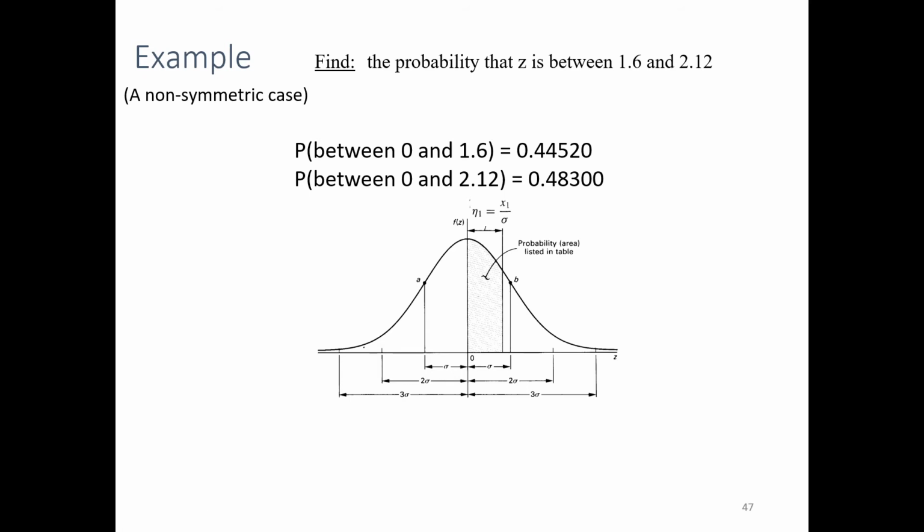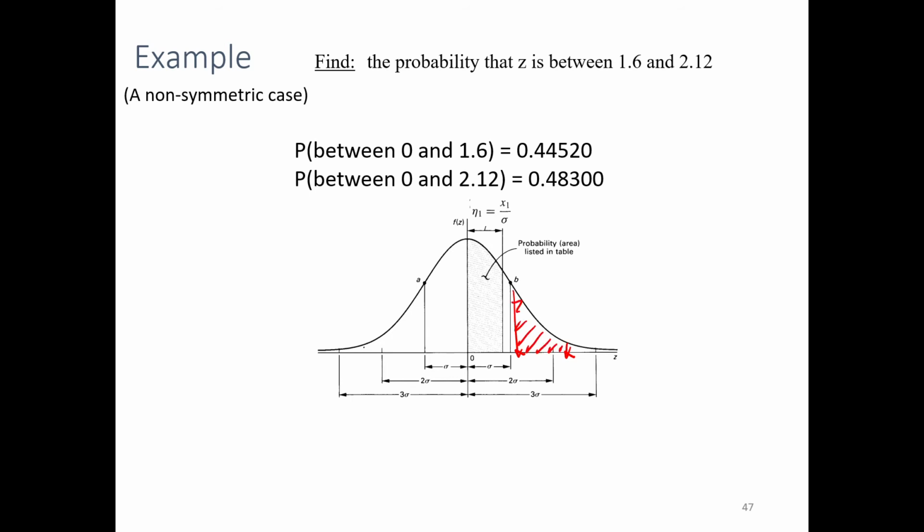If you do the same thing for the z-score of 2.12, you will get 0.483. So we are essentially looking at the probability of something lying between, let's say this is 1.6, this is 2.2. We are looking at this probability.